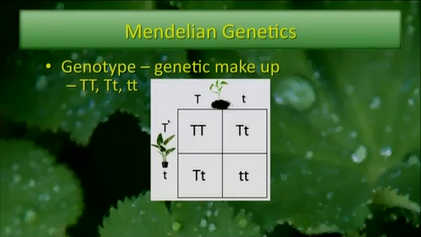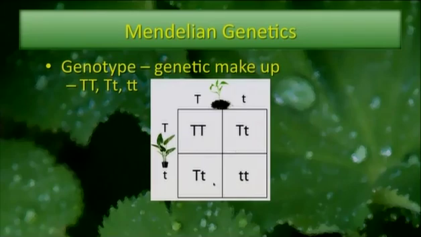So if you cross 2 plants that have the same genetic makeup, or sib the 2 plants, you will have a different assortment coming up. You'll have 1 homozygous dominant to 2 heterozygous to 1 homozygous recessive.